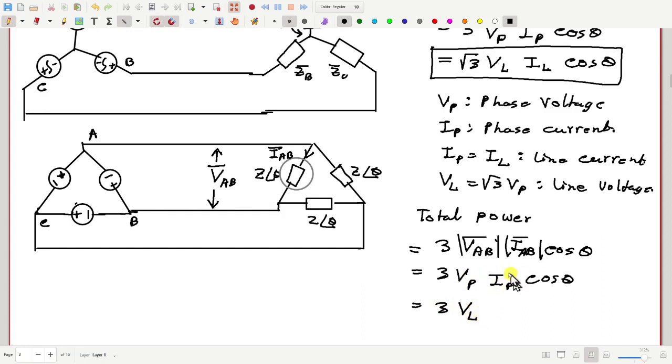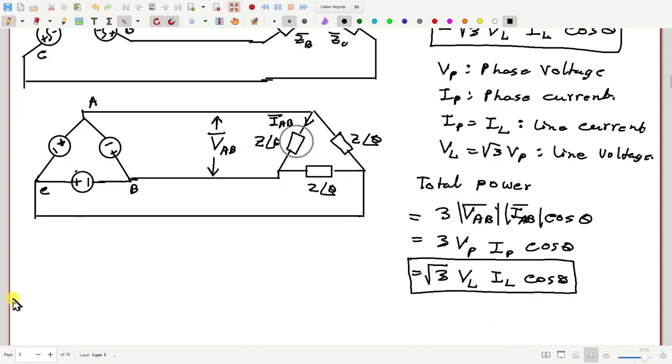But what about IP? IP is 1 by root 3 times IL. So I write root 3 here and IL here. So once again we see this formula is true even for delta connection: root 3 VL IL cos theta. So this is true for both star and delta connection.